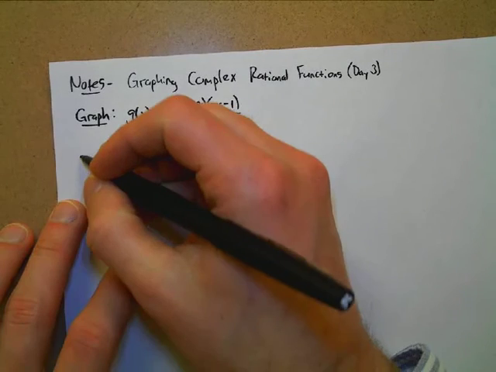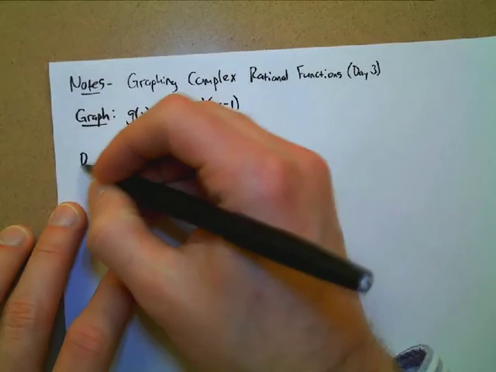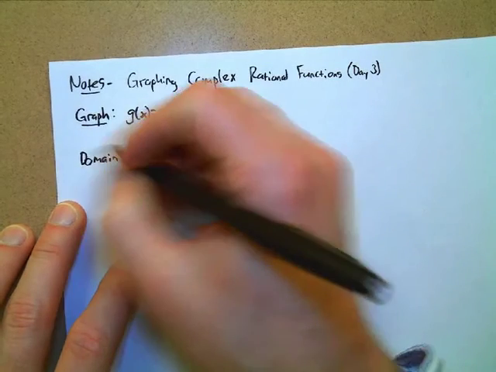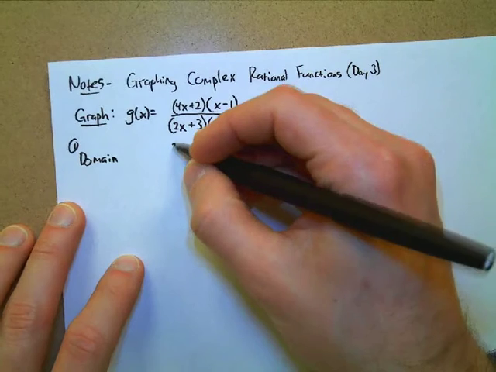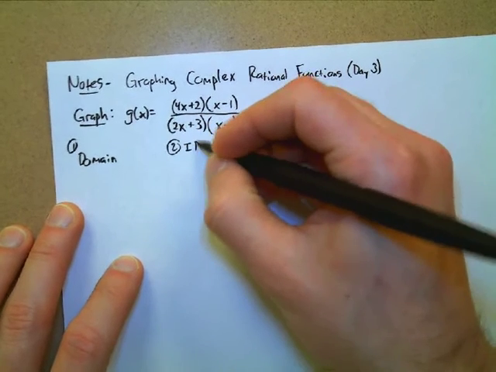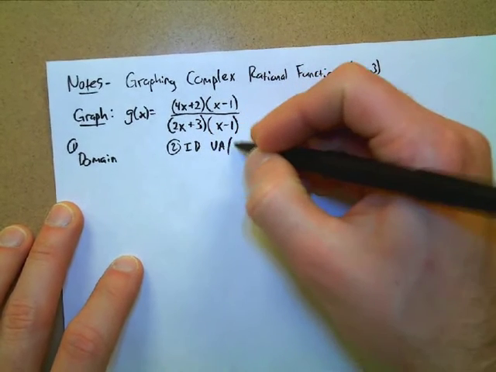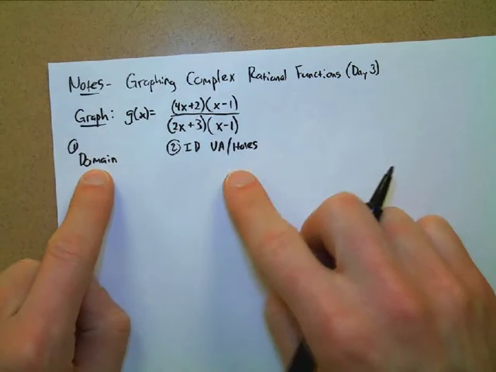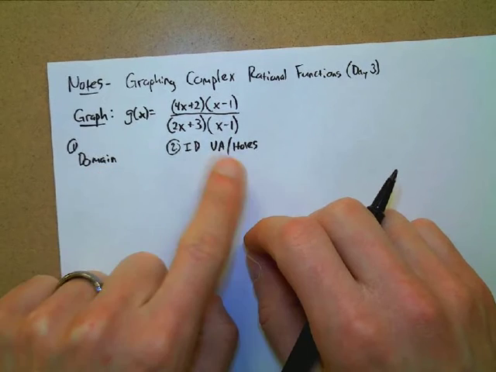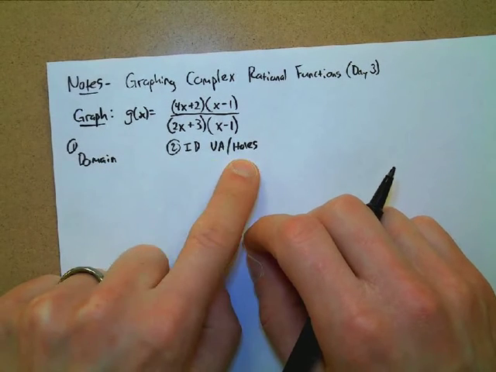It may be helpful to identify the domain first. Once we identify that domain, we'll then identify any vertical asymptotes or holes, because remember, the domain restrictions directly classify into either being a vertical asymptote or a hole for these particular rational functions.